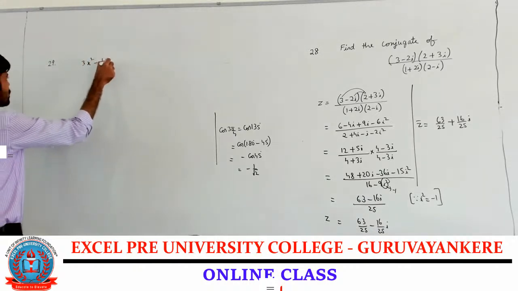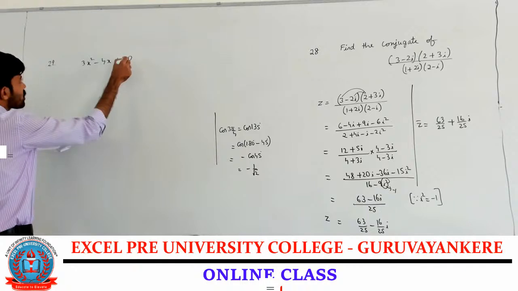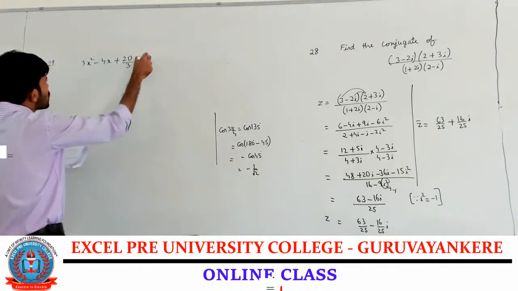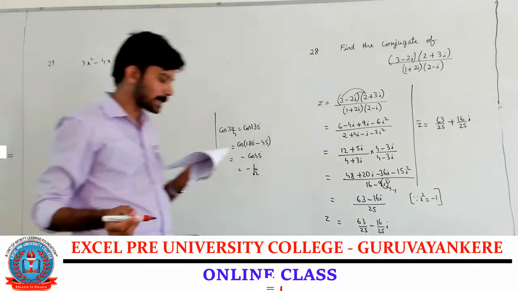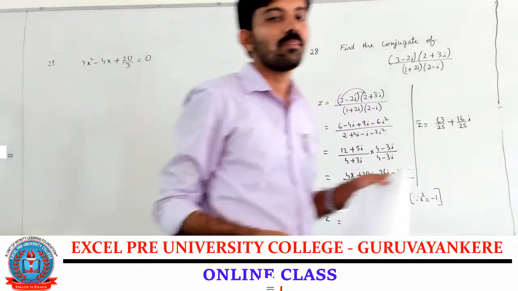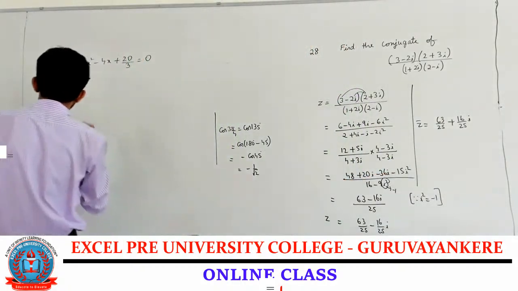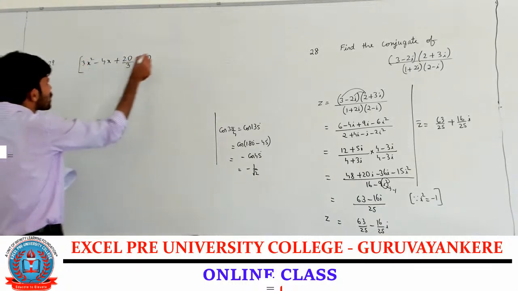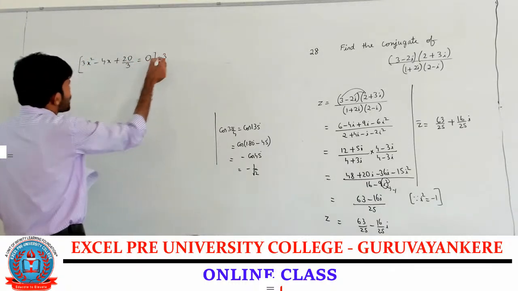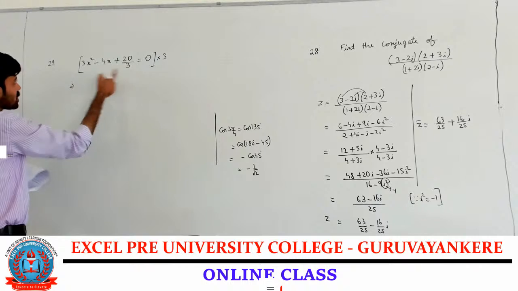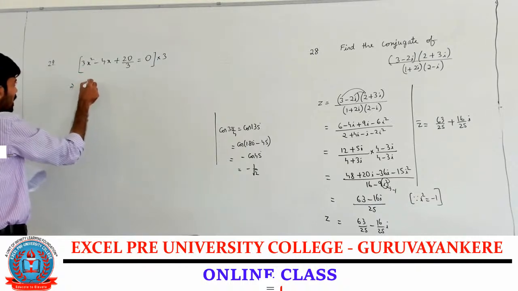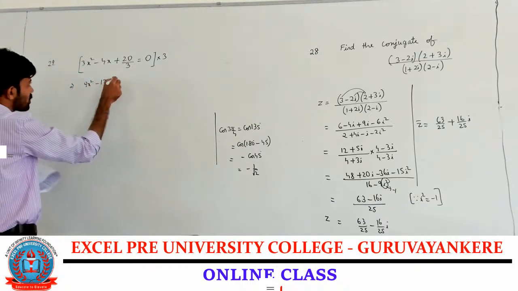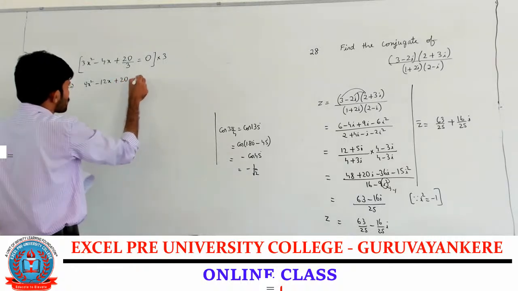Multiply the entire equation by 3 to cancel the denominator 3. 3 into 3 is 9x square minus 12x plus 20 equal to 0.